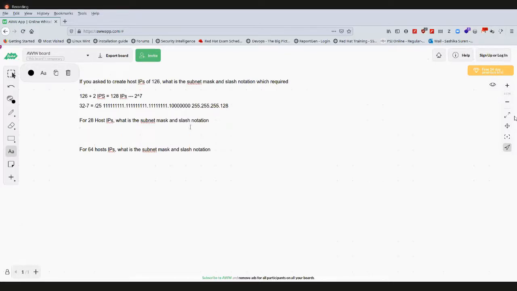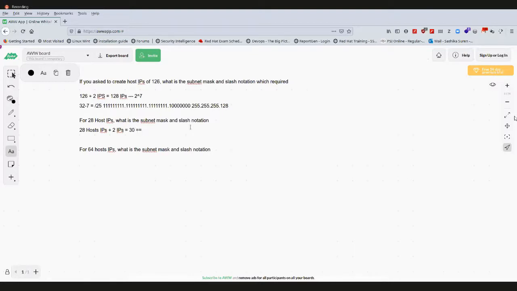Then 28 host IPs, plus 2 extra for the network IP address and the broadcast IP address. So that is going to be 30 IP addresses.